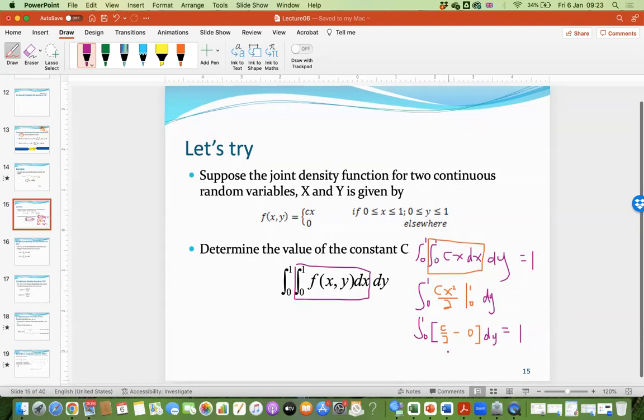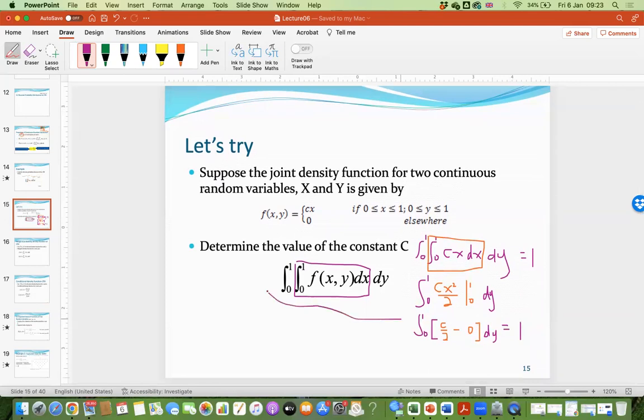So now I have the integral of c over 2 dy from 0 to 1. Because the orange part just now settled the x, now we integrate with respect to y.